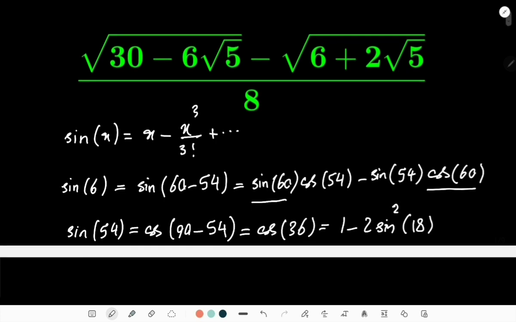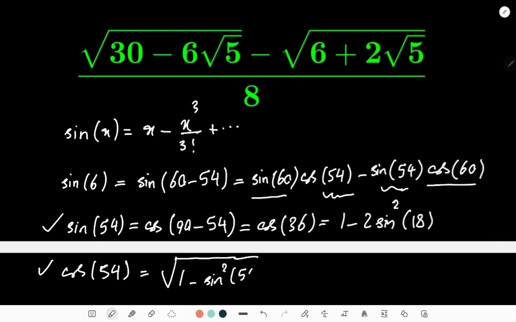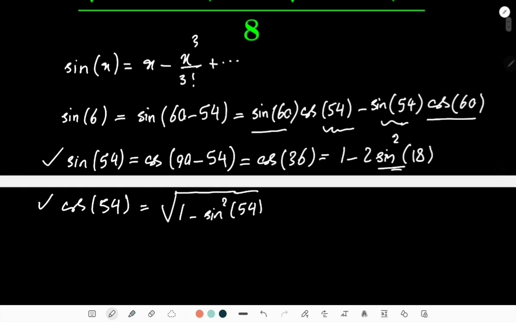And by the way, once I obtained sine of 54, cosine of 54 can also be obtained by using the famous identity, right? So yeah, but to find sine of 54, we first need to find sine of 18. So how to go about that?